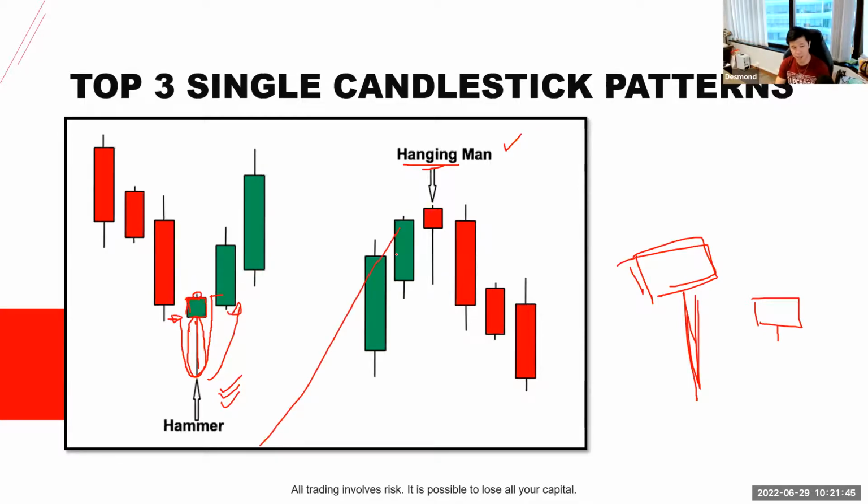The reason why it is not as effective is because you must look at the psychology, or rather the anatomy, of the candle. Price opens over here. The bears initially push prices all the way down, but the bulls took over and pushed it all the way up. It made up for a lot of the position and ended over here.